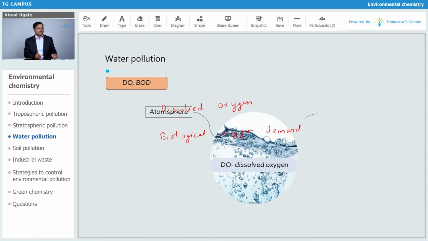First we are going to study DO, that is dissolved oxygen. In the atmosphere there is dioxygen, and the same oxygen gets dissolved into water, but the proportion of oxygen present in the atmosphere is very large in comparison to the water. So, obviously it is very easy for us to take oxygen from the atmosphere, as there is a large amount present.